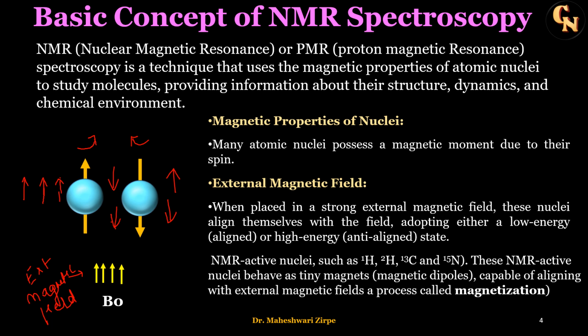So these nuclei will have high energy as they oppose the external magnetic field, whereas the atoms aligned in the same direction as the magnetic field will have low energy.